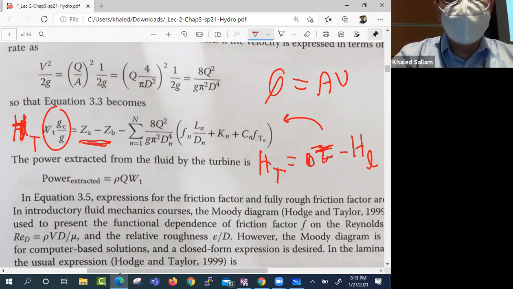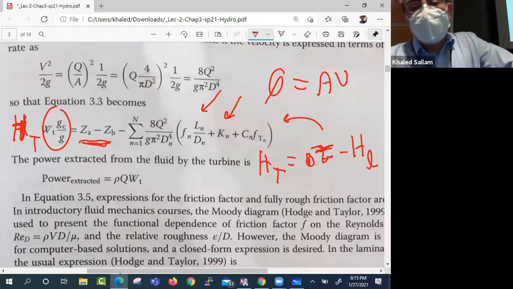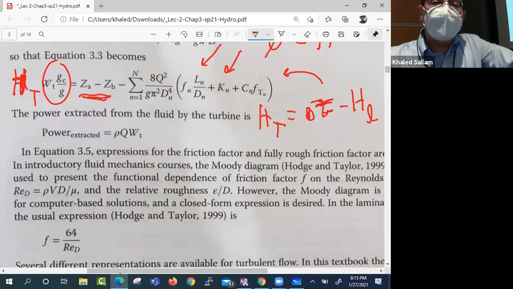Right? And what is H loss? The K, the friction factor, okay, and basically a bunch of losses that are there. And eventually he's saying that the power, what is rho Q? That's M dot, right? M dot multiplied by GH.